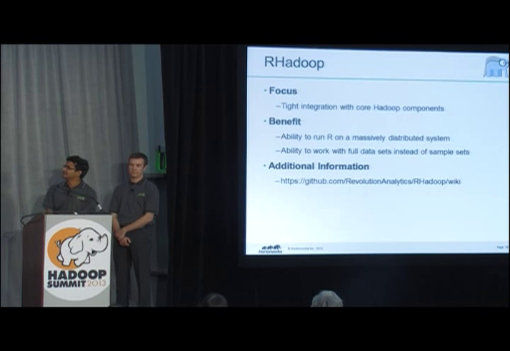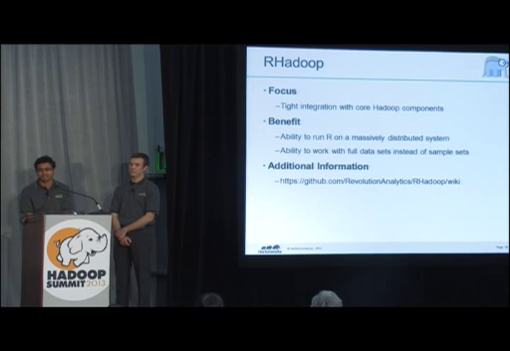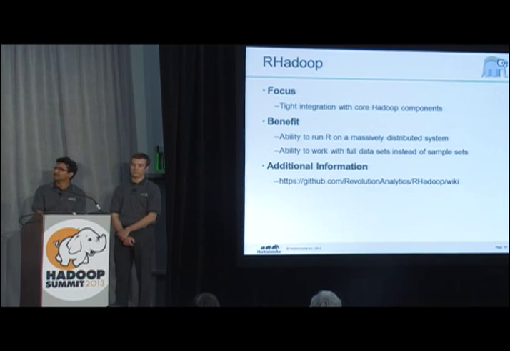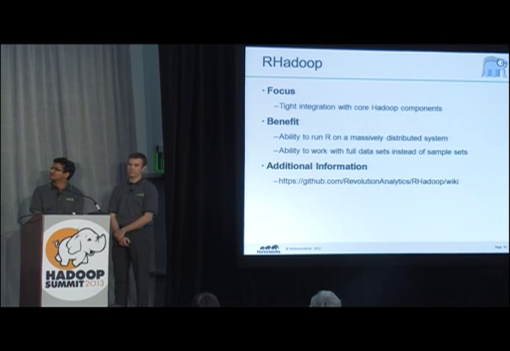Yeah, the next thing, the next library that we will focus on is RHadoop. It's actually a project now which is split into 3 different libraries. One is RMR2, RHDFS, and RHbase. So again, the focus here is on tight integration with all the Hadoop components.